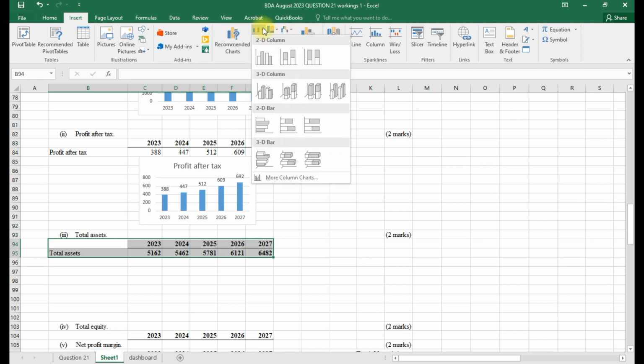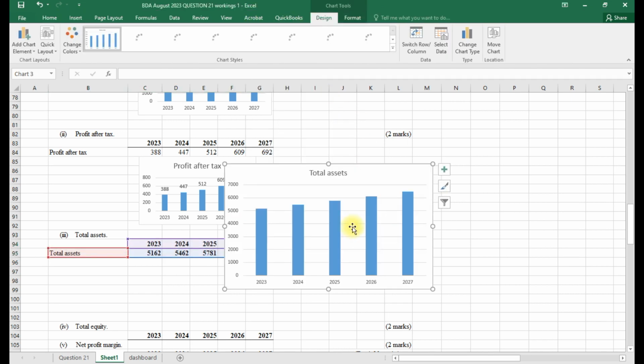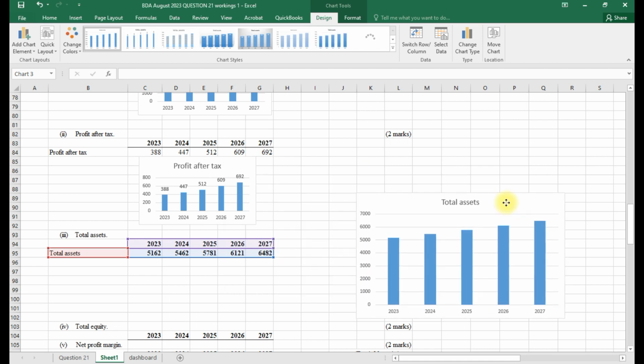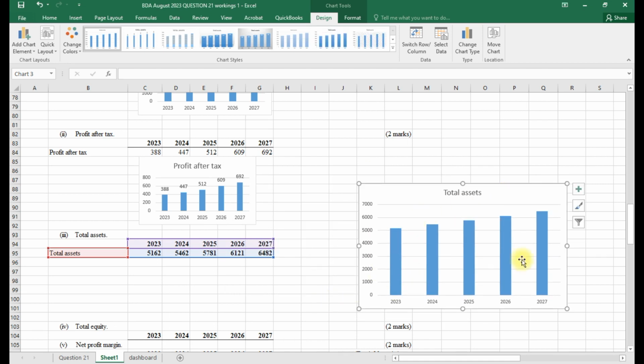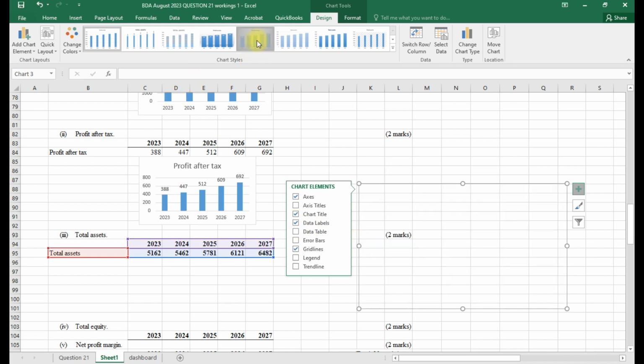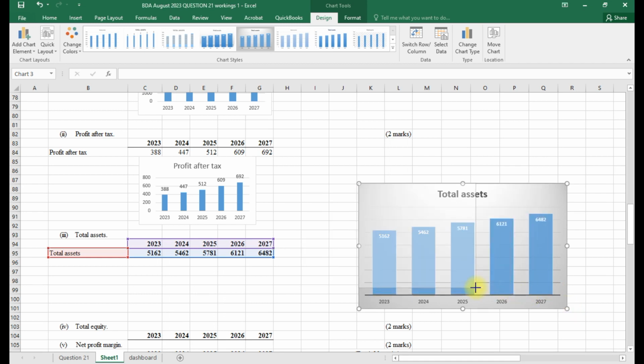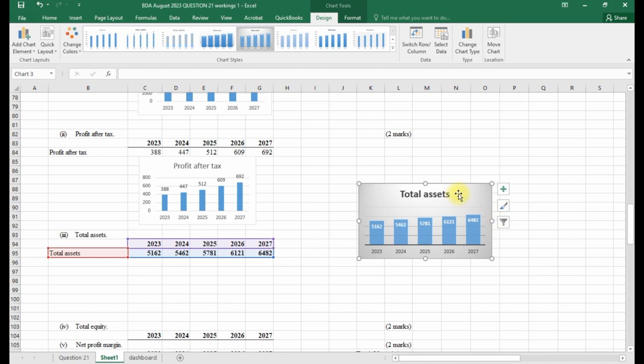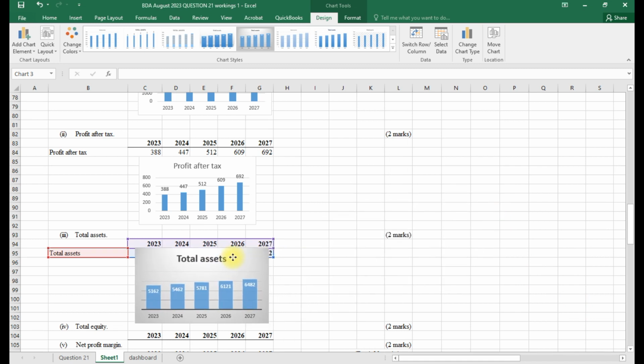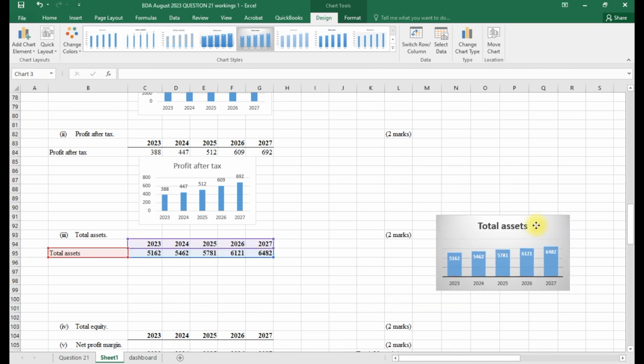So insert a chart that way. That is my chart. Insert the data labels. We can change the color to grayish. I'll reduce the size of the chart so that it fits the space.